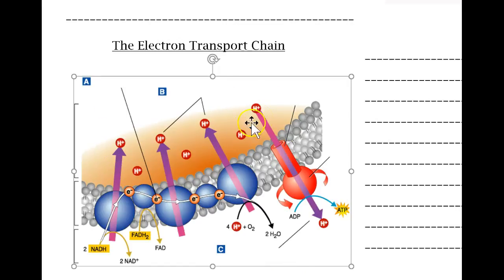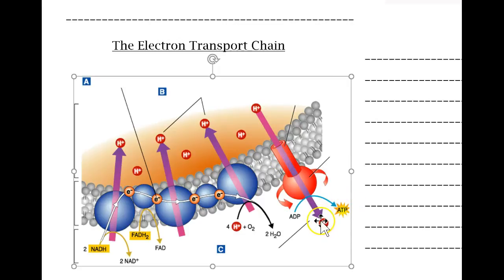Now, in this intermembrane space, we have created a high concentration of hydrogen ions, which will move through the ATP synthase by the natural forces of facilitated diffusion. And as they move through this ATP synthase, it will activate the synthase to start to turn, and that spinning motion will pull ADP and phosphate together so that ATP can be formed.